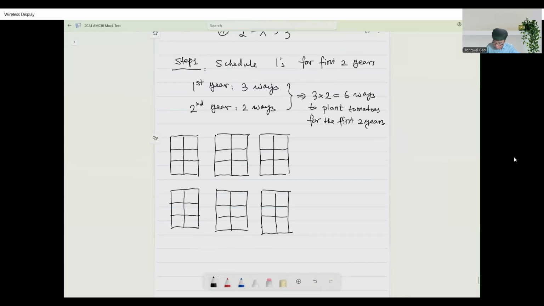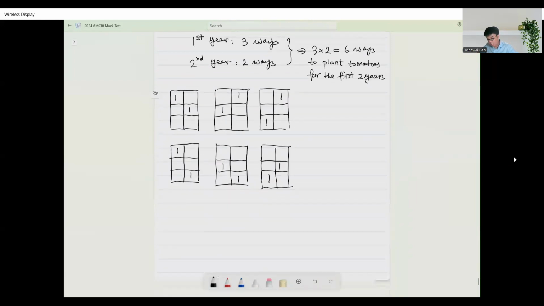In the first case, 1 can be here, and the next year 1 may be here, or 1 may be here. If the first year 1 is in the middle, the second year 1 can be on the top or on the bottom. The first year 1 can be on the bottom, the second year could be on the top or in the middle. So there are 6 ways.